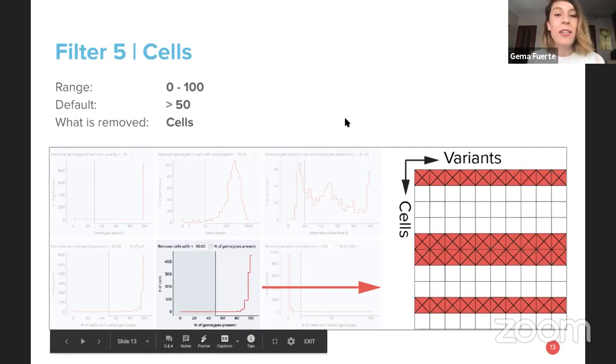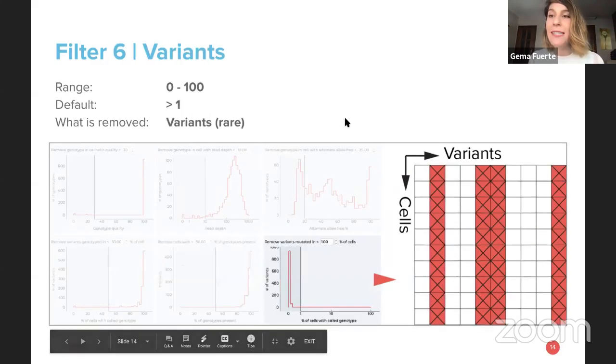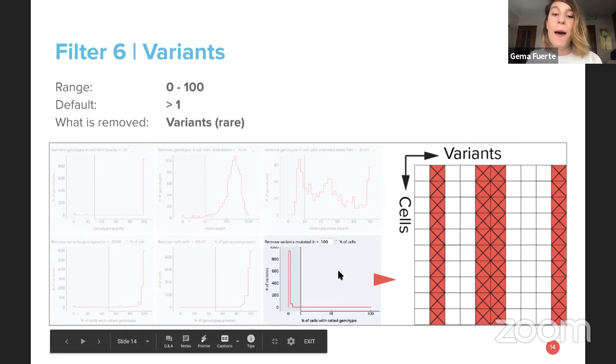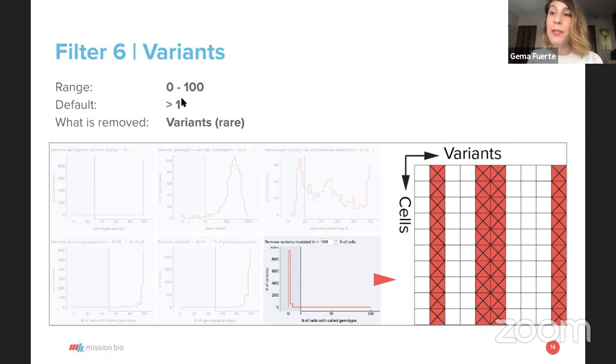Great. So let's move on to the last one, which is mutated variants. In filter 3, we talked about mutant variant allele frequency and mutated variants, right? Here we are talking about mutants as well. The range of this filter is 0 to 100, and the default is 1%.